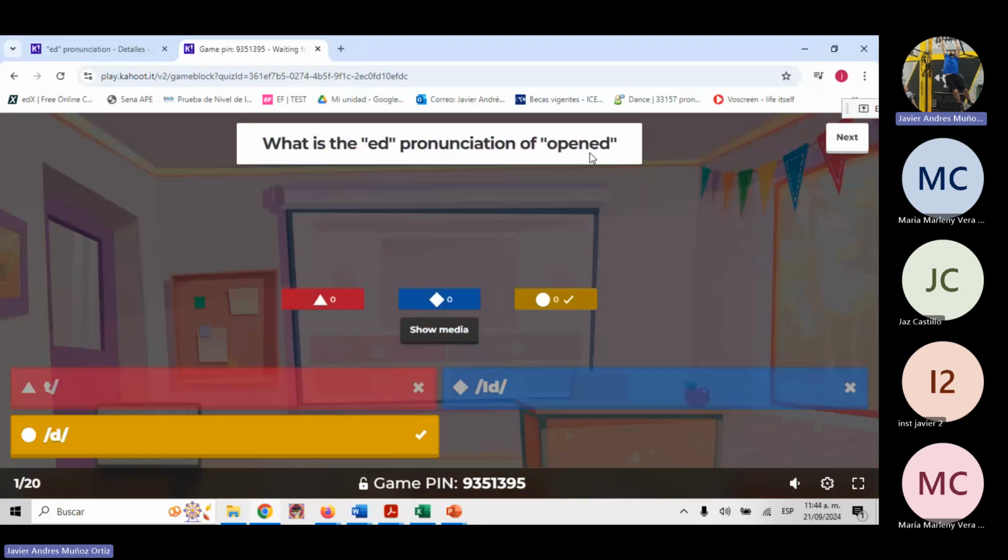Me interesa el último sonido de la palabra. Como me genera vibración, yo voy a relacionarlo con un sonido adicional que también me genere vibración. ¿Y cuál es el sonido que me genera la vibración? El sonido de la letra D. Open presente, open pasado. ¿Listo? Vamos con otra.